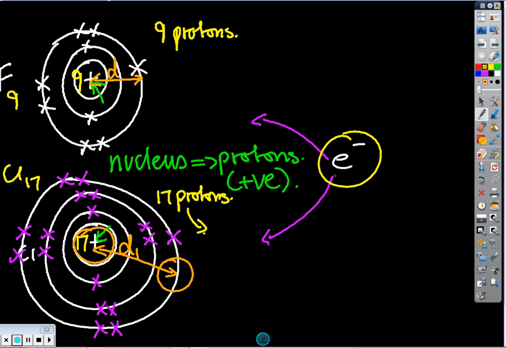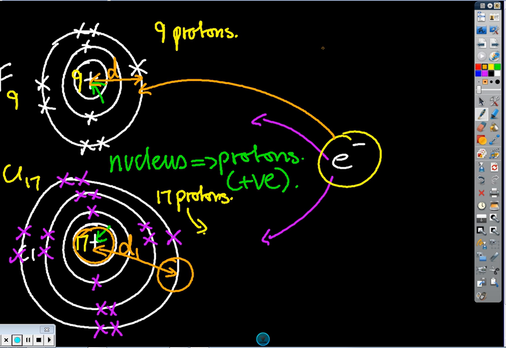And the reason is not because chlorine has more protons than fluorine, but it's the fact that even though fluorine has fewer protons than chlorine in its nucleus, the distance between that nucleus and the electron that it's trying to attract is less, and therefore this electron will be taken up by the fluorine.